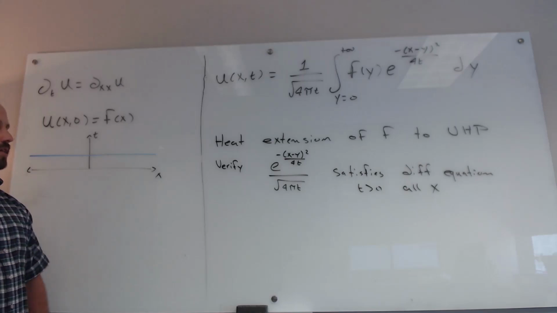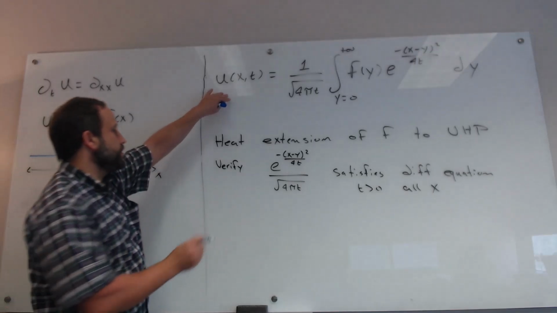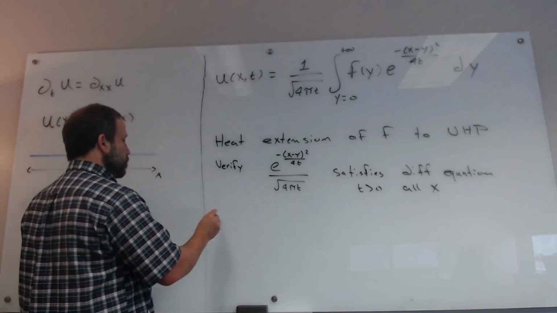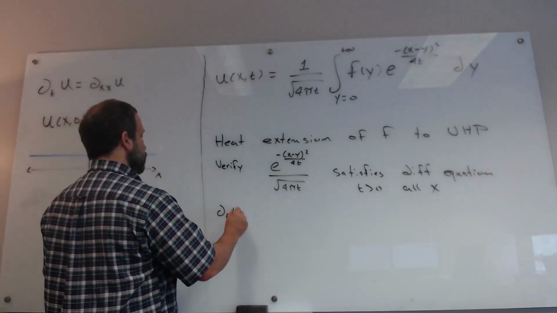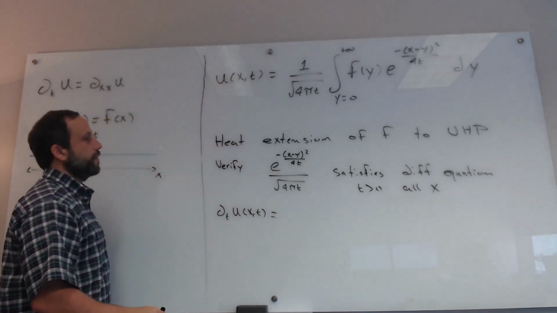The next thing we want to do is compute the t derivative of u. We want to put this derivative on the inside of the integral.